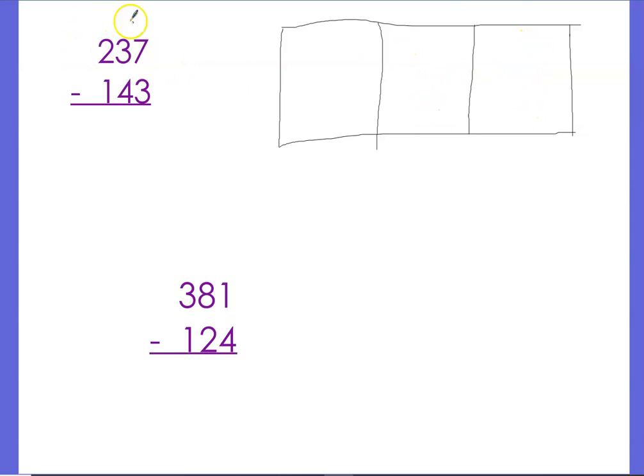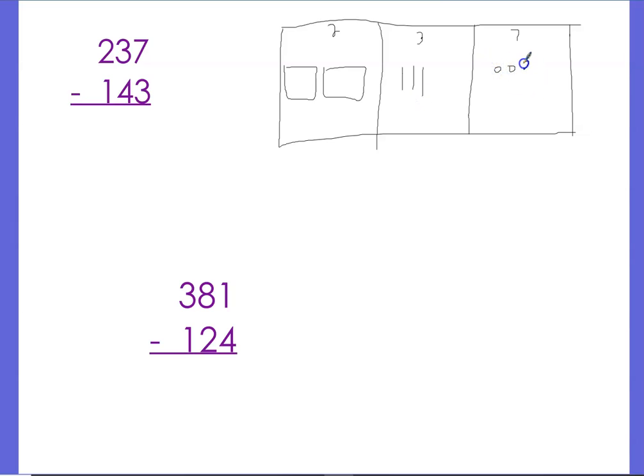Okay, and I'm only going to draw out the top number because I don't want to confuse myself. Okay, so I have 2 hundreds, 3 tens, and 7 ones. Okay, so I'm going to draw that out. 200, 3 tens, and 7 ones.